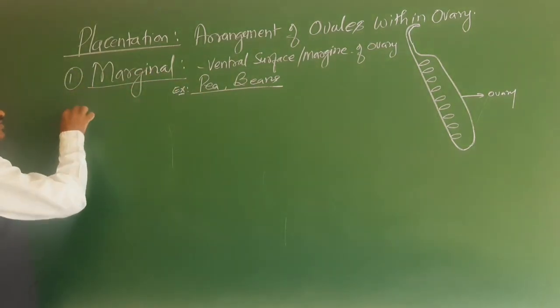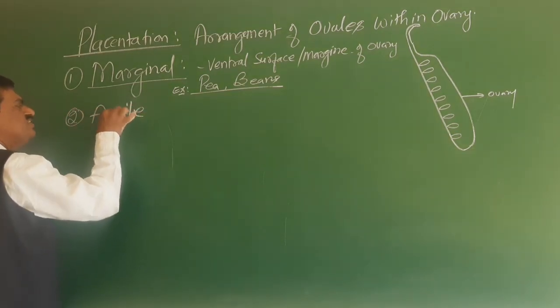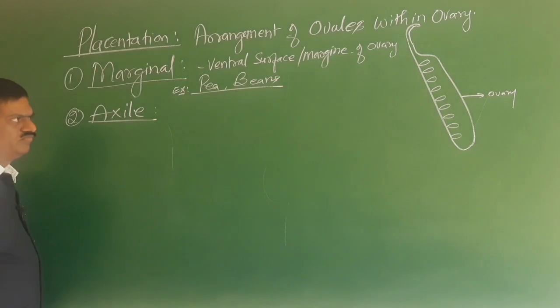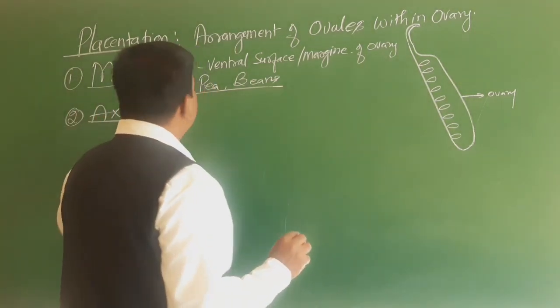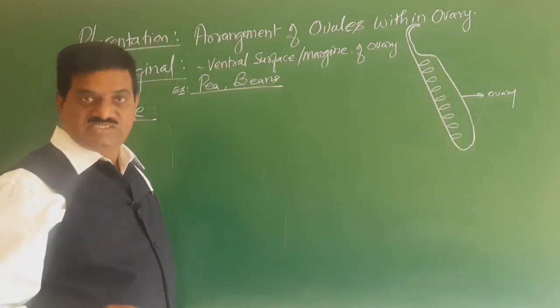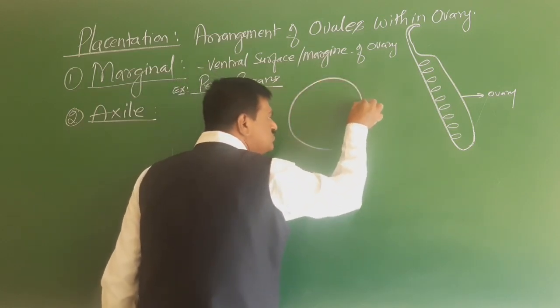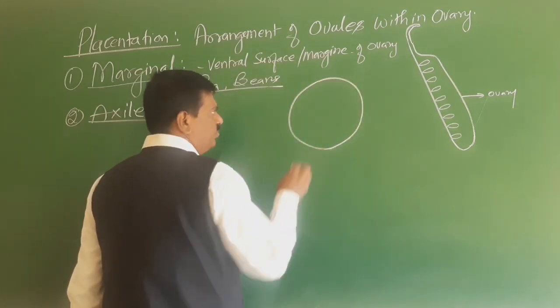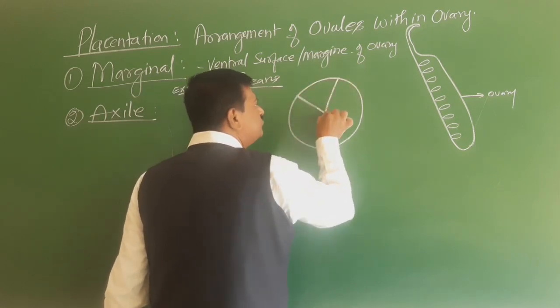So we go for the second one called axial placentation. In an axial placentation, the ovules are present at the central axis. So here, when you take a pentacarpellary ovary, 5 carpels have been present.